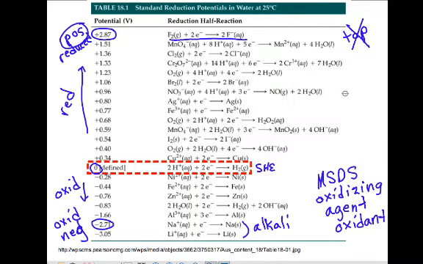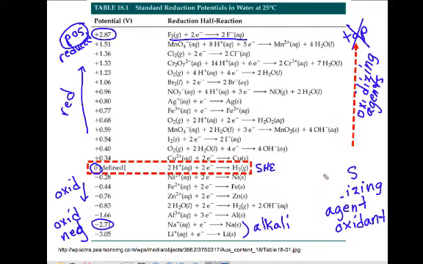The more something wants to be reduced, the better oxidizing agent it is. So it's kind of the opposite, right? If it wants to be reduced, it'll take electrons. By taking electrons, it helps something else be oxidized. So that's how we get that term. So they're opposite one another, and they're always reactants.